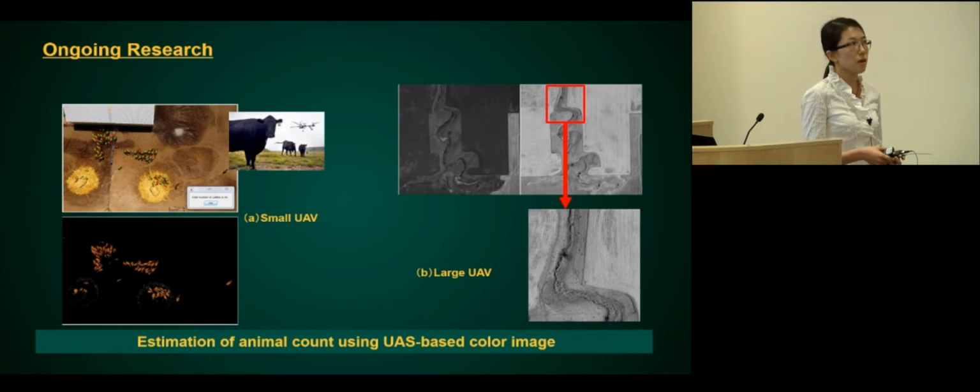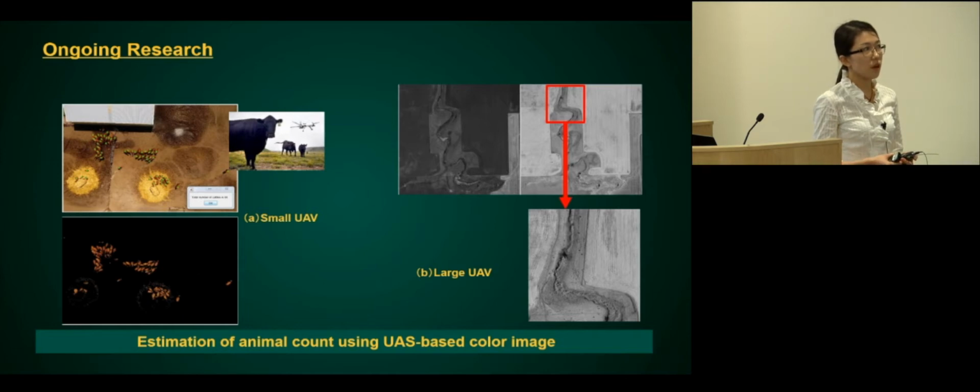So we mount the multispectral sensor on the large UAV. Those three pictures are the multispectral images, and it is very hard to see the animals in the big size feedlot. So we need more features, like texture features of the animals.